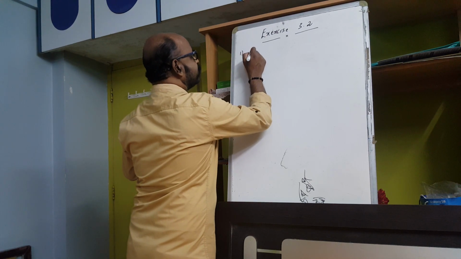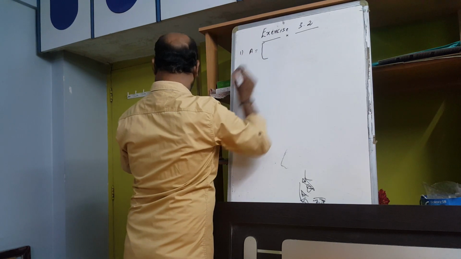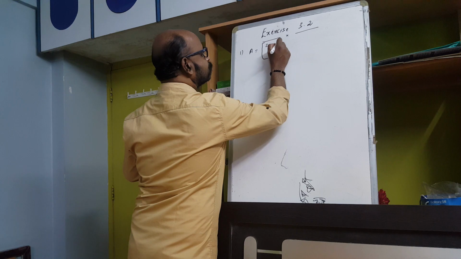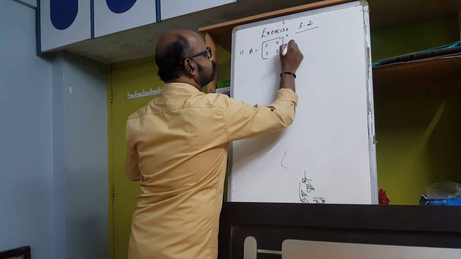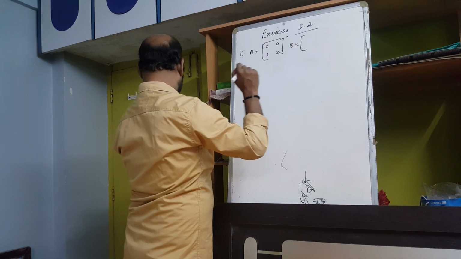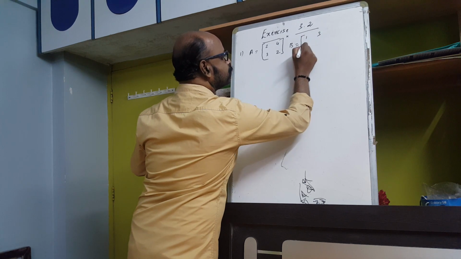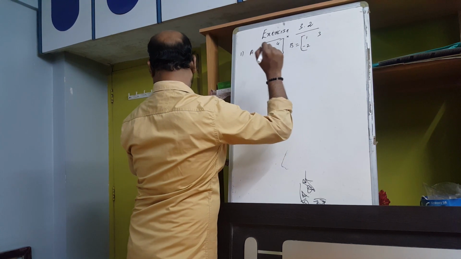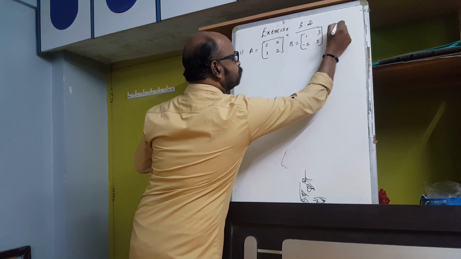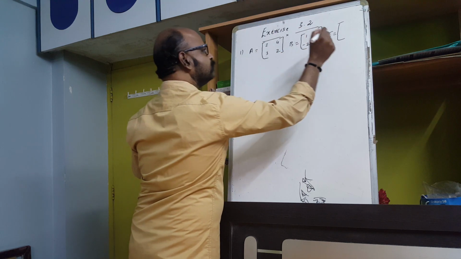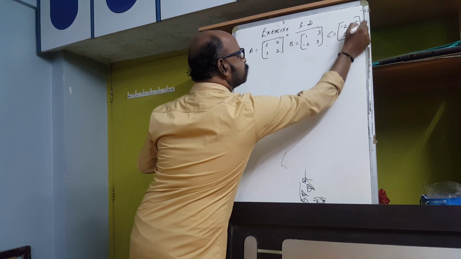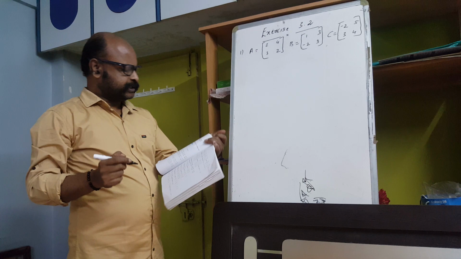The three matrices are, first one, A equal to matrix 2, 4, 3, 2; B equal to matrix 1, 3, minus 2, 5; and C is equal to matrix minus 2, 5, 3, 4. So these are the three matrices given.